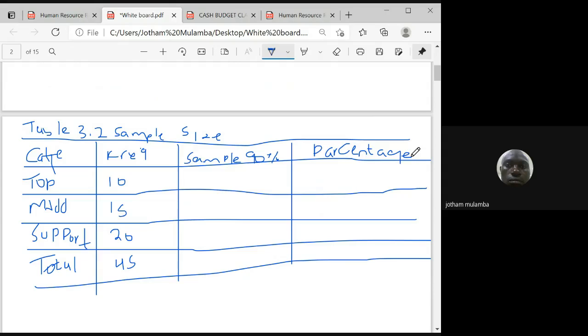So we have drawn the table. So we want to fill in. So who'll get us 90% of 10? Because we are using 90%, in every category we are going to get 90%, so that we are getting a fraction of the whole in a way that it can represent all of them. We don't take more from support staff just because it's easier to get them.